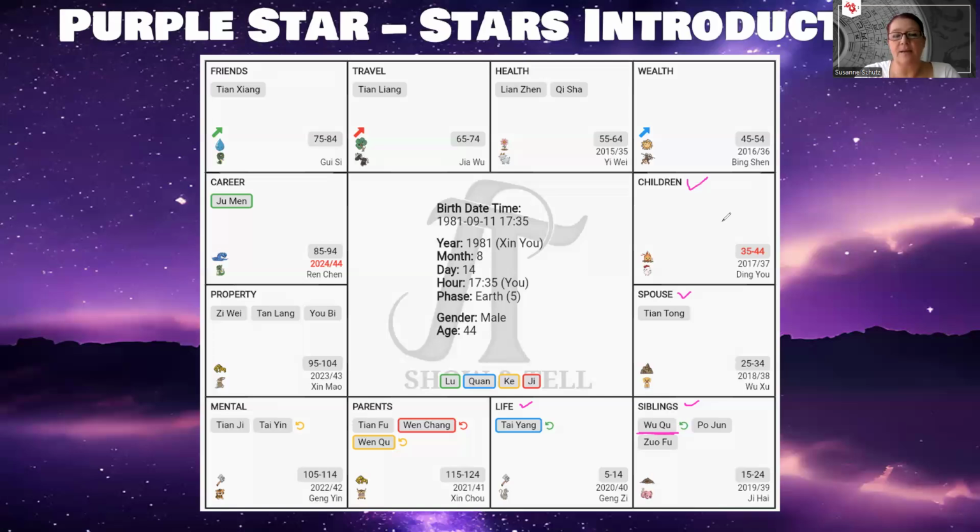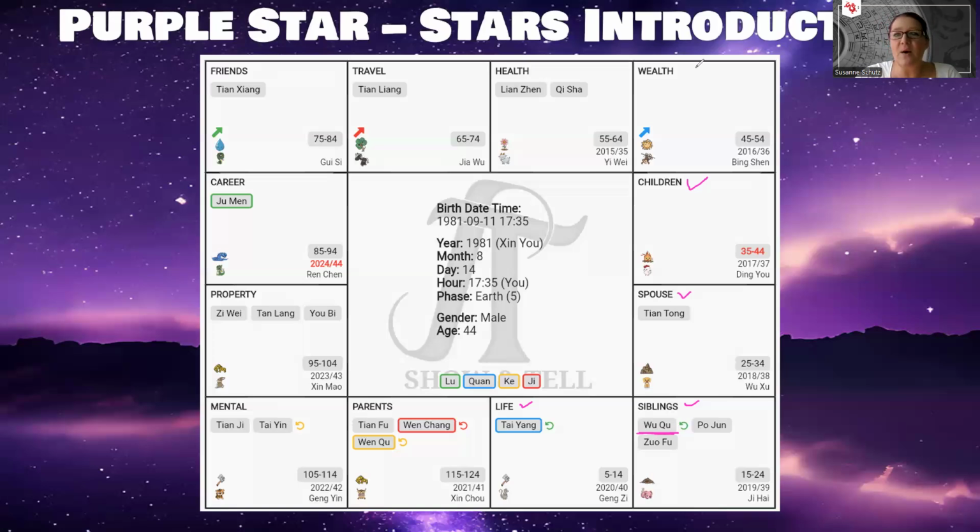So they're quite competitive, and they may be quite demanding as well. So if you're a very laid-back person and you have the Wu Qu star in the children palace, your children tend to take quite a lot of energy because they seem to be much, much more ambitious than you are.